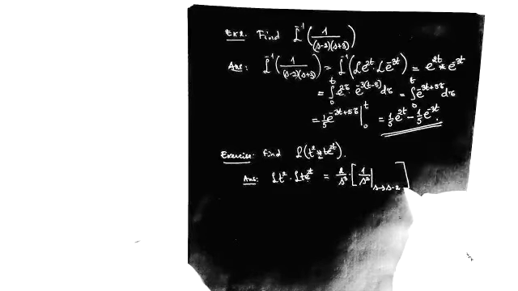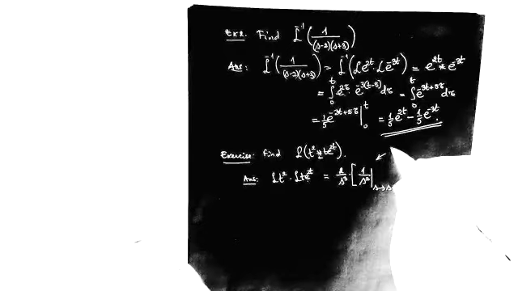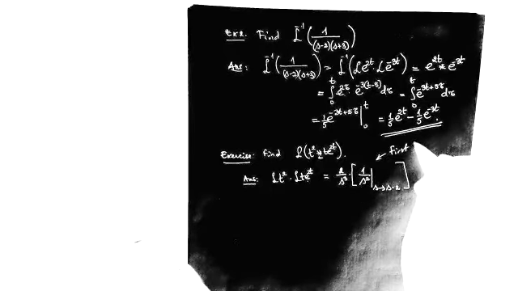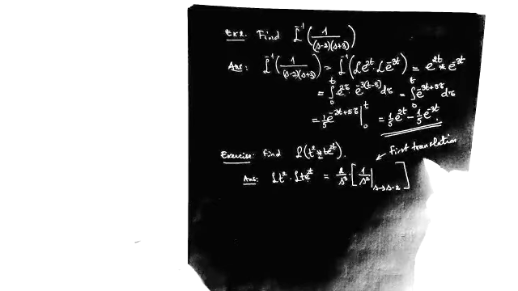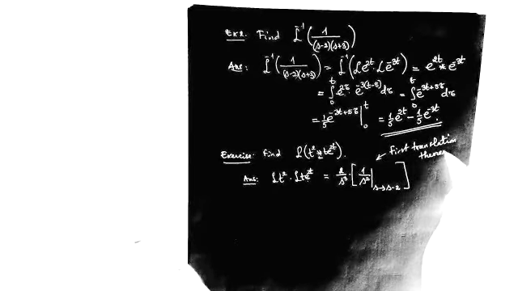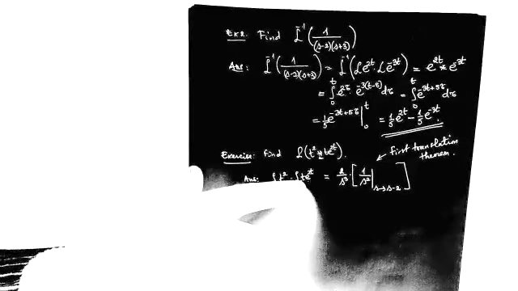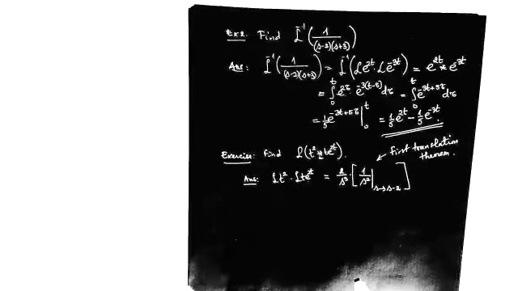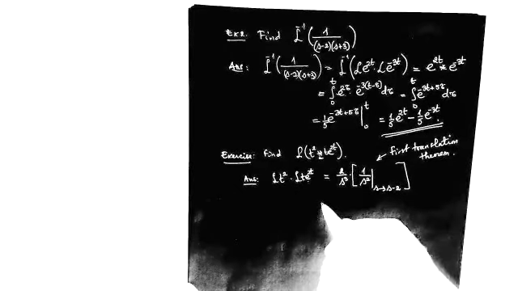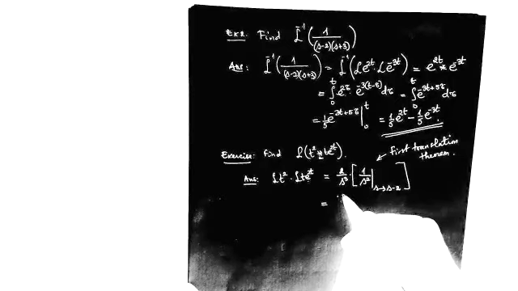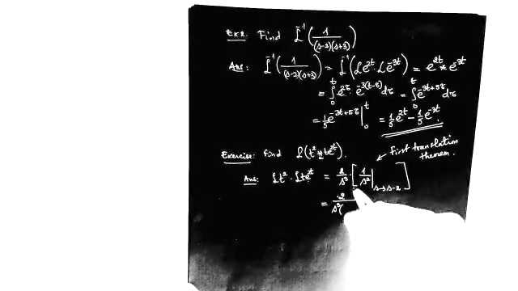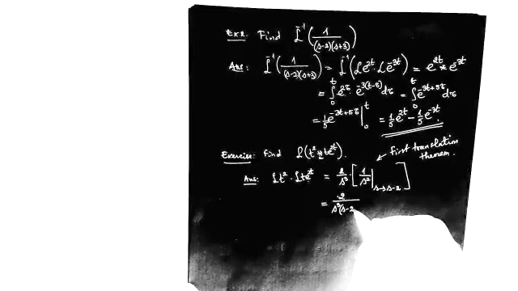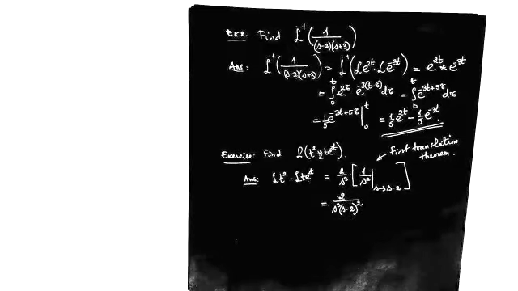That's using the first translation theorem. Someone else could use the derivative of the Laplace transform and still get the same answer. And so when I do that, that gives me 2 over s cubed times (s minus 2) squared. That's it.